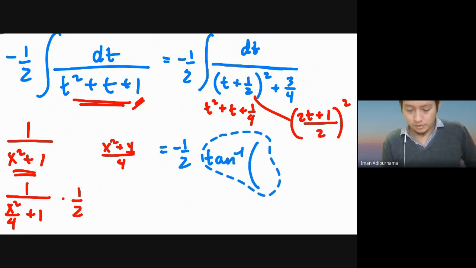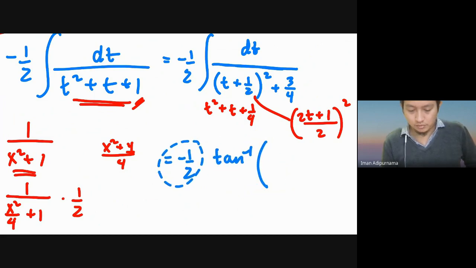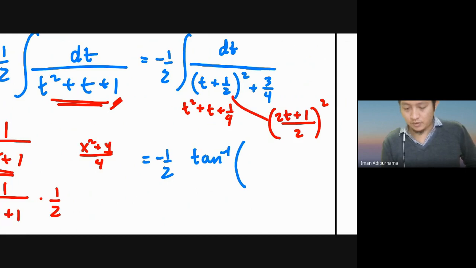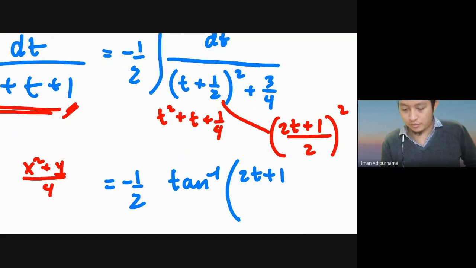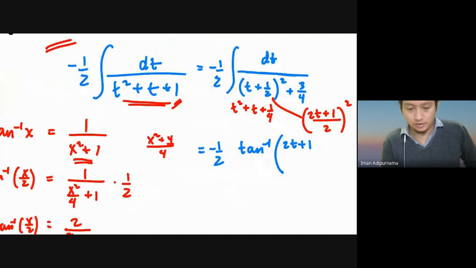Let me write tangent inverse of 2t plus 1. We have 3 over 4. Okay, 3 over 4. So we need the square root of 3 over 4, so over 3 like that. Okay.